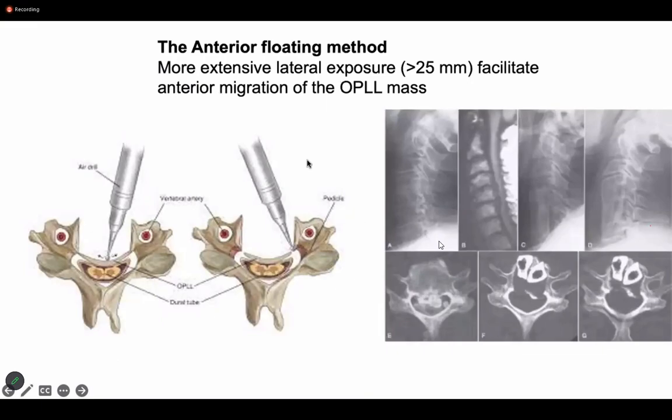Here I explain some techniques. First is anterior floating method. The anterior floating method thins the ossification and disconnects it from the surrounding bony tissues.